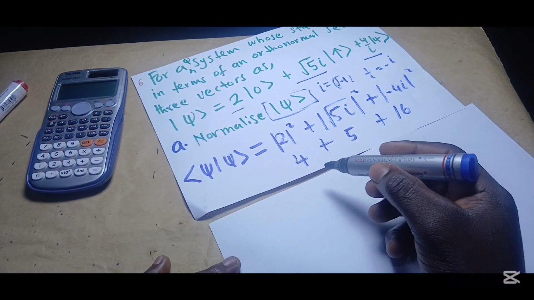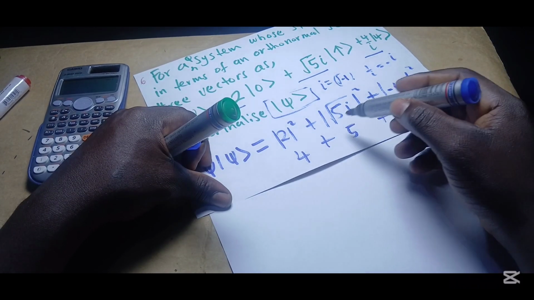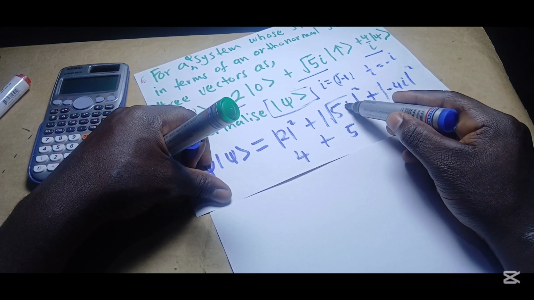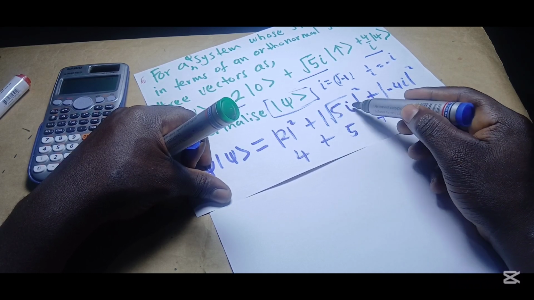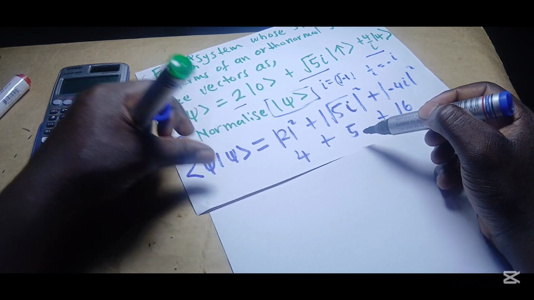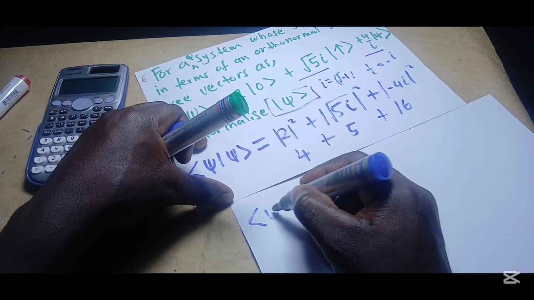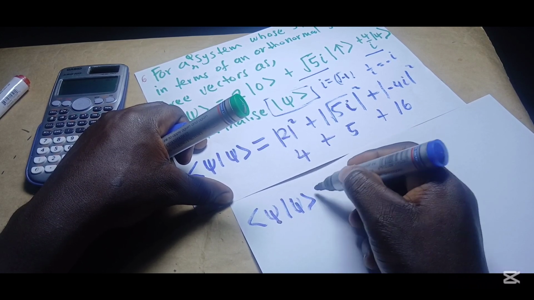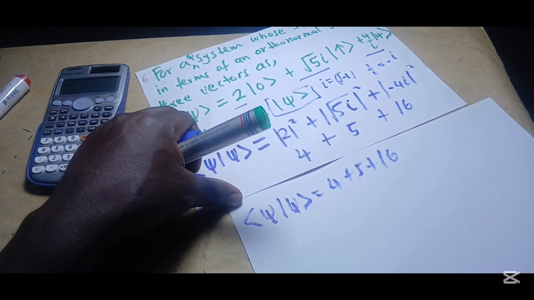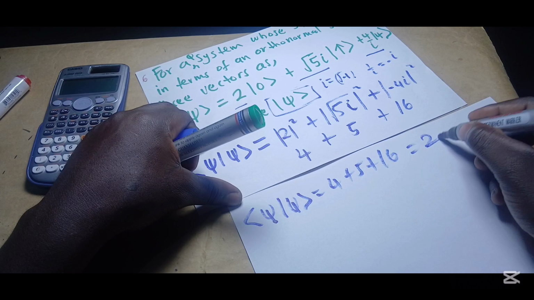So in simple terms, once you are dealing with absolute values, don't let the complex term confuse you. The norm equals 4 plus 5 plus 16, which turns out to be 25.